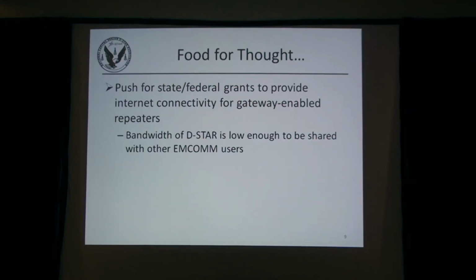Okay, and then lastly, my other thought is that one of the things really slowing the adoption of D-Star is getting a gateway connection, and coupled with that is the geographical location, finding a decent spot for a repeater.